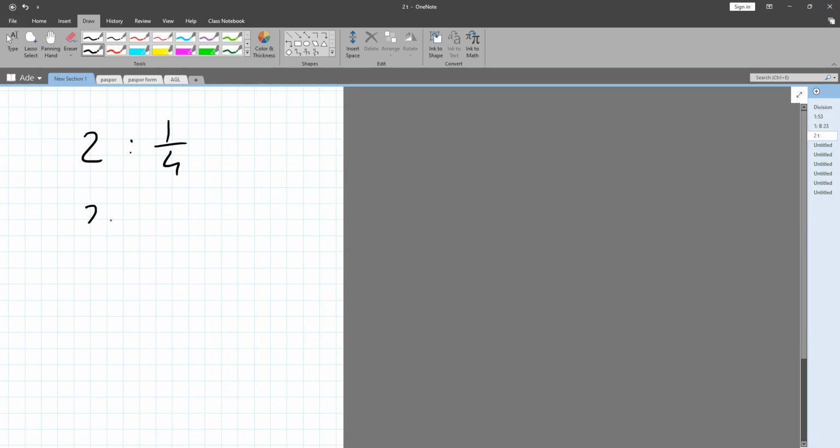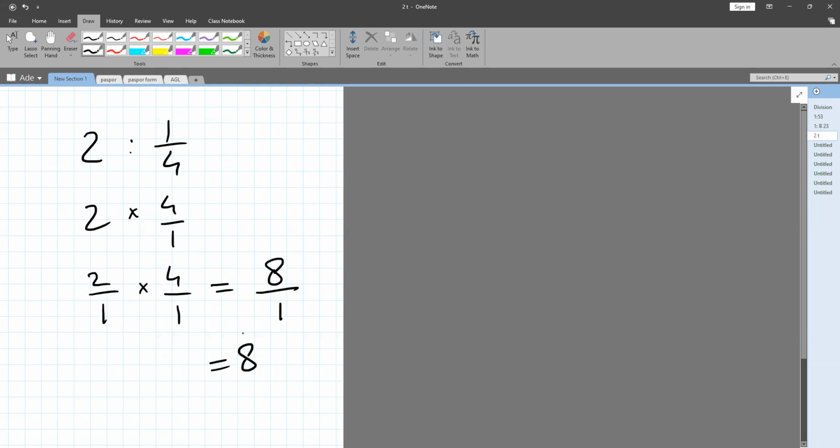So this is like 2 times 4 on 1, because you flip this. Now you make the 2 into a fraction, 2 on 1, because you can't just have it as 2, since then it will multiply the denominator as well. So the answer was 8, right?